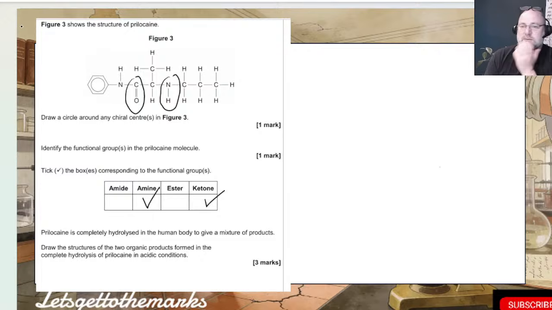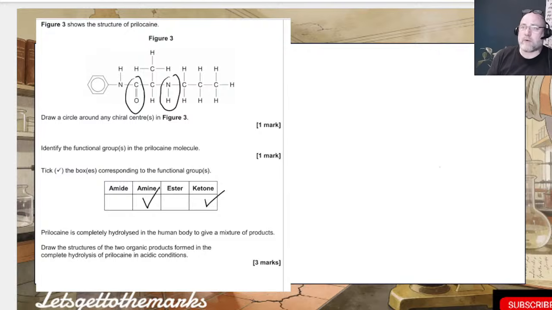Oh, sorry. Maybe that is an amide. Oh God, I hope not. It doesn't look like an amide to me. So prilocaine is hydrolyzed. Draw two structures of organic compounds formed under acidic conditions.